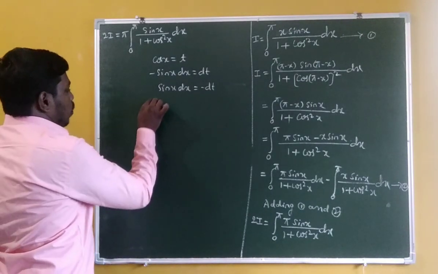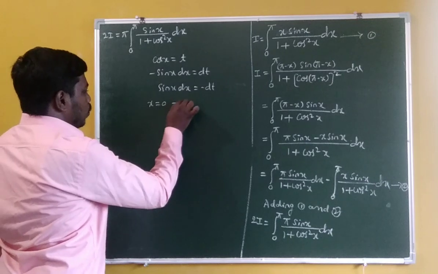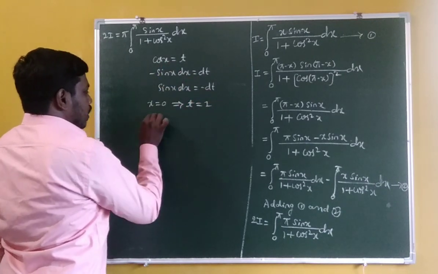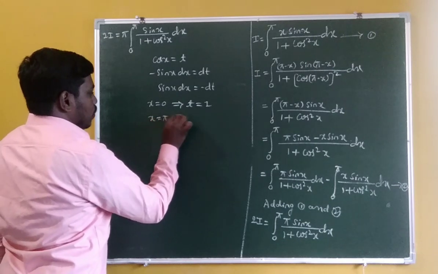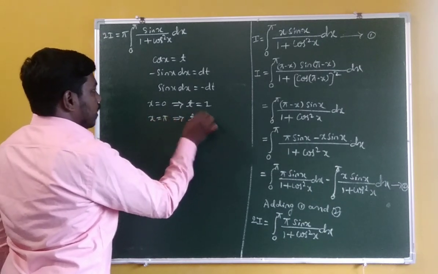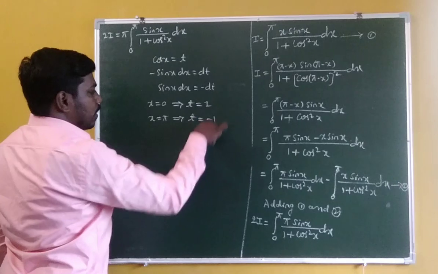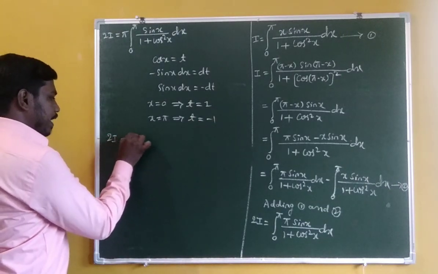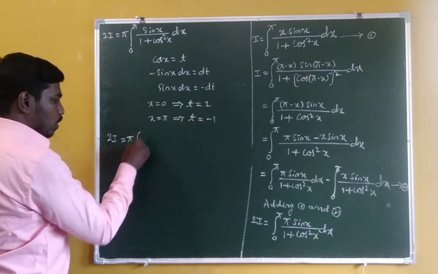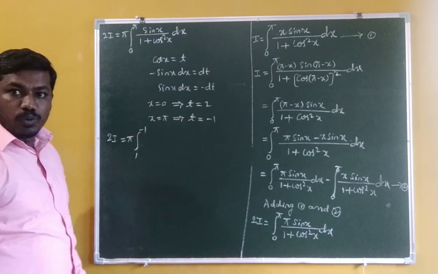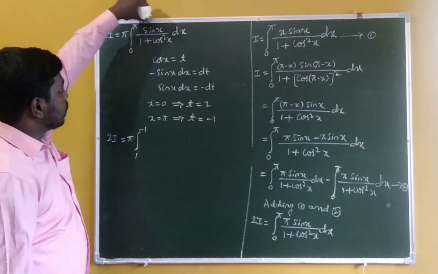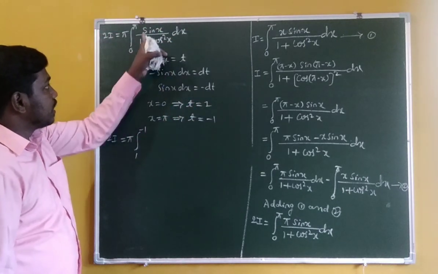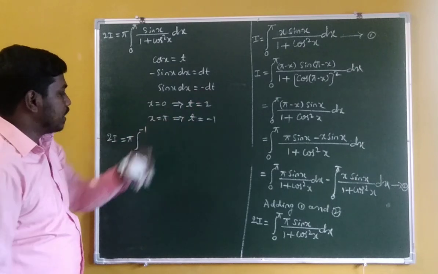Yes. So if the lower limit is 0, what does the new lower limit become? Cos 0 is 1. Okay, and when x is equal to pi, t becomes cos pi, which is minus 1. So 2i is equal to pi into integration from 1 to minus 1. Sin x into dx is minus dt.